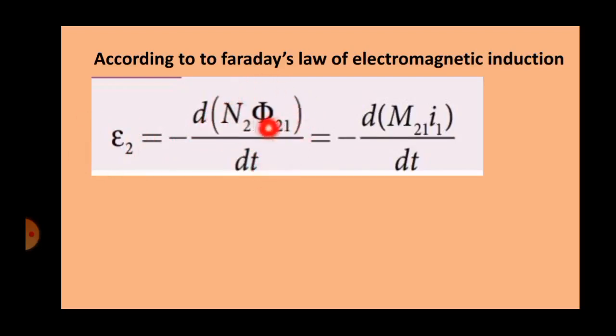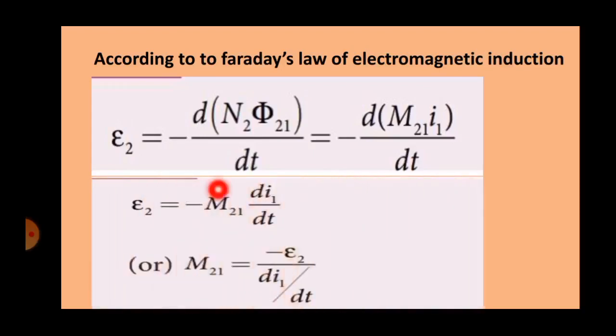Already you know that N2 phi 21 is equal to M21 into I1 from the previous equation. Now M21 is constant, taking it outside, therefore E2 is equal to minus M21 dI1 divided by dt.